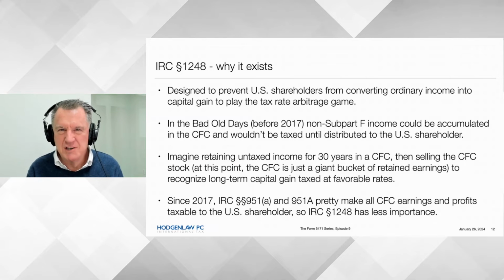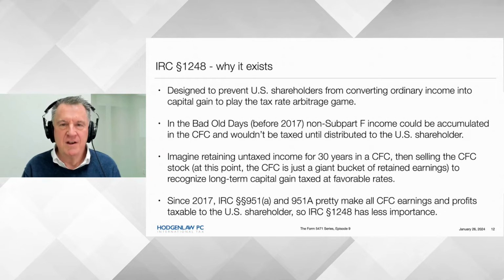It matters much, much less now because what 1248 does is it says, let's look at the untaxed earnings and profits of the CFC and treat that as a deemed dividend as part of the sale. So now in the land of subpart F rules and global intangible low taxed income rules, there's powerfully little, if any, untaxed earnings and profits in a CFC on an ongoing basis.